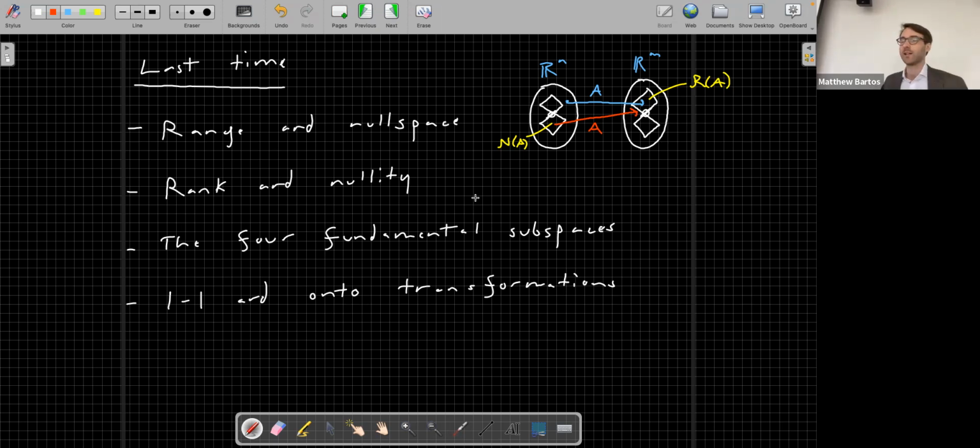We also talked about the rank and nullity. Who wants to tell me really quickly what the rank and nullity represent? What is the rank of our linear transformation?